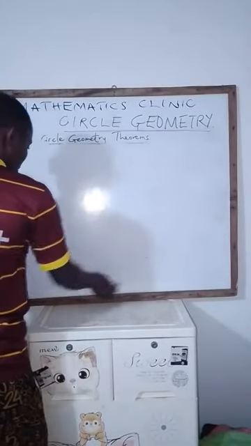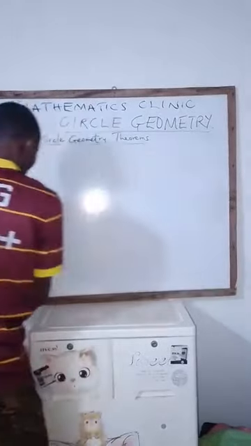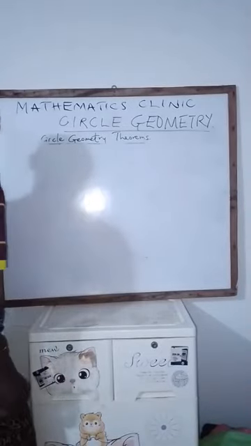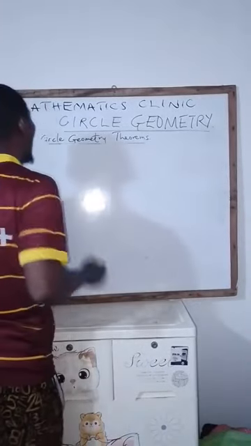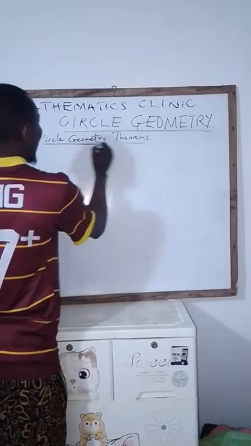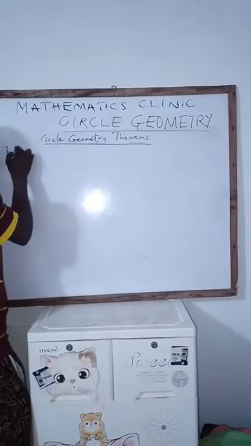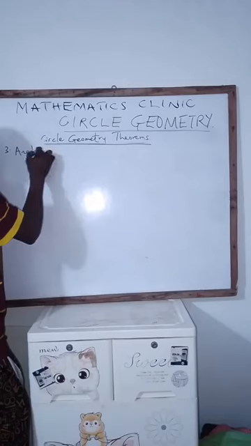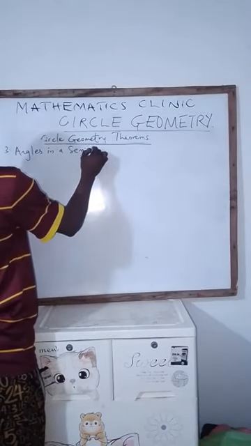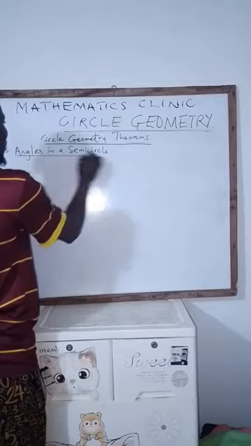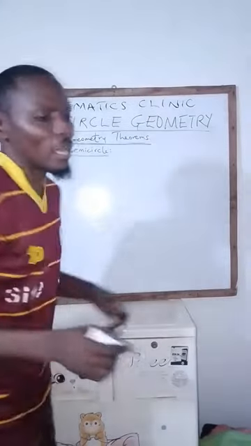That is the theorem. Theorem number 3 is angles in a semicircle.